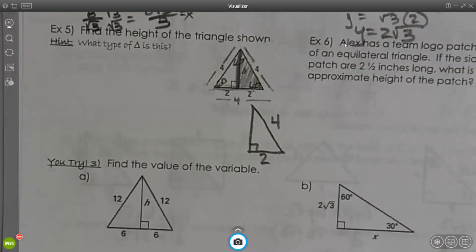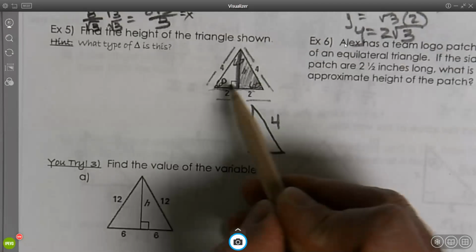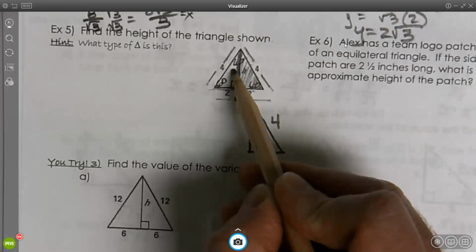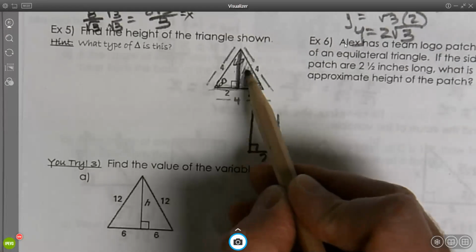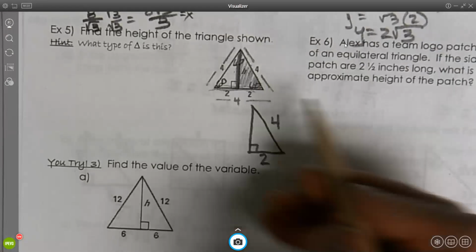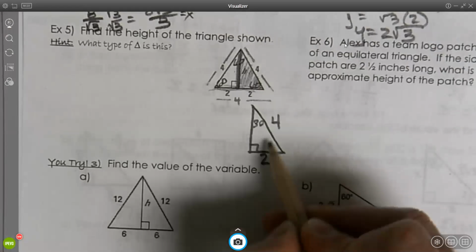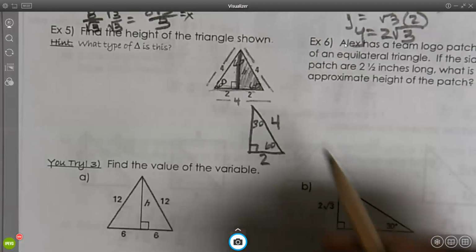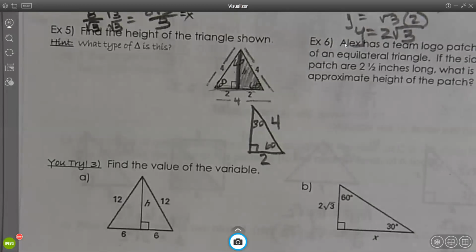And if that's 90 and that's 60, this has to be 30, which makes this have to be 30. That's one way you could do it. So yes, this is actually a 30, 60, 90 triangle. You didn't even have to know all that stuff.